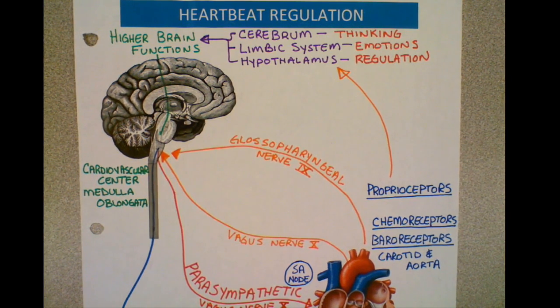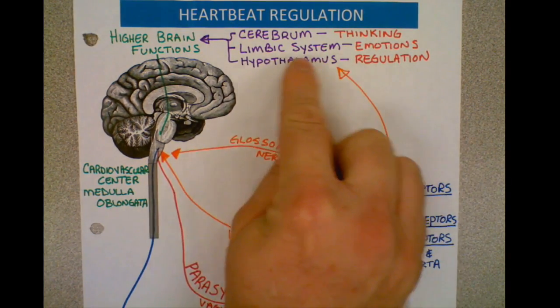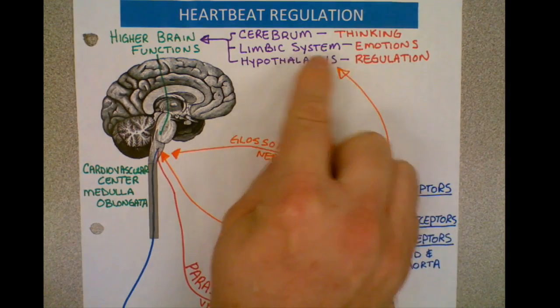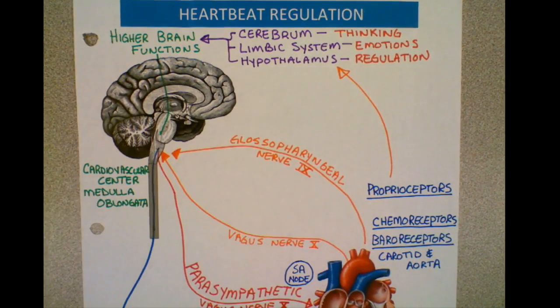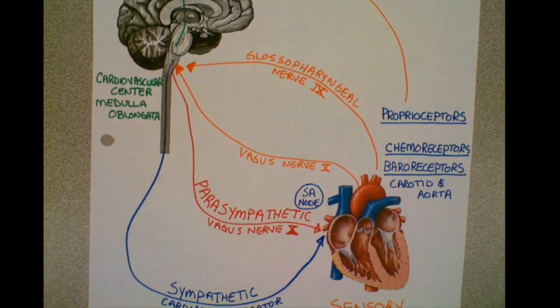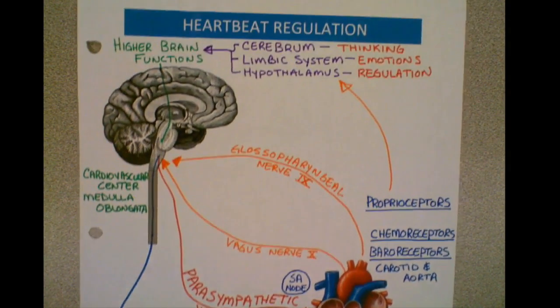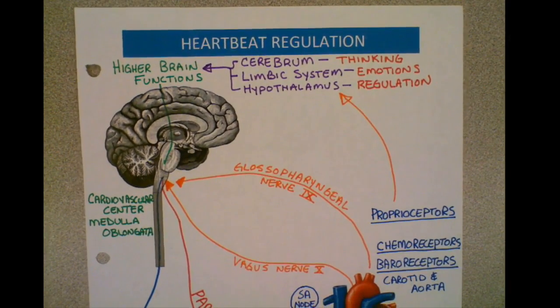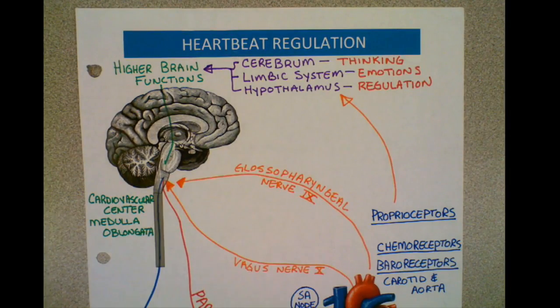Now, just think about your emotions. When you get really emotional, this part of the brain called the limbic system deals with your emotions. This limbic system can send signals to your medulla oblongata that may speed up your heart. So you may get this sympathetic nerve response because you're very emotional. Same thing with the thinking part. You can calm yourself down. You can talk yourself down and relax.